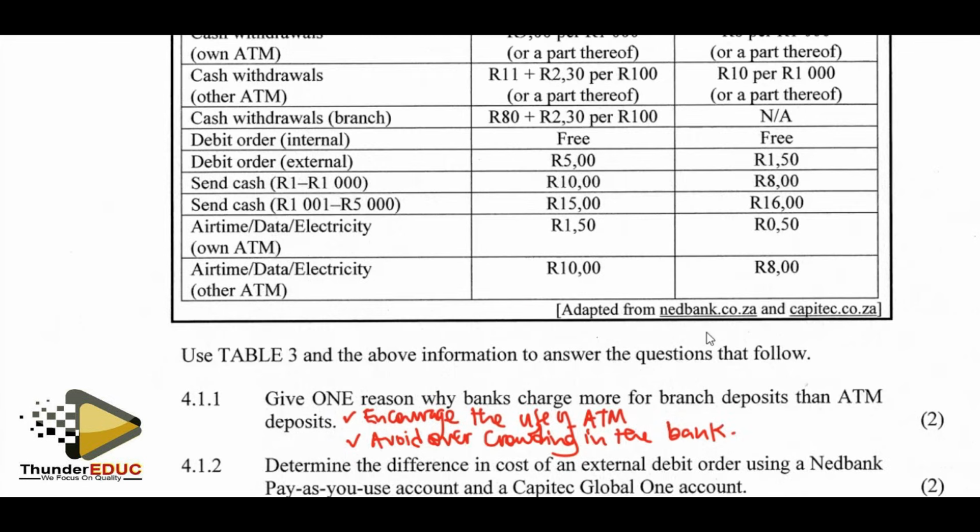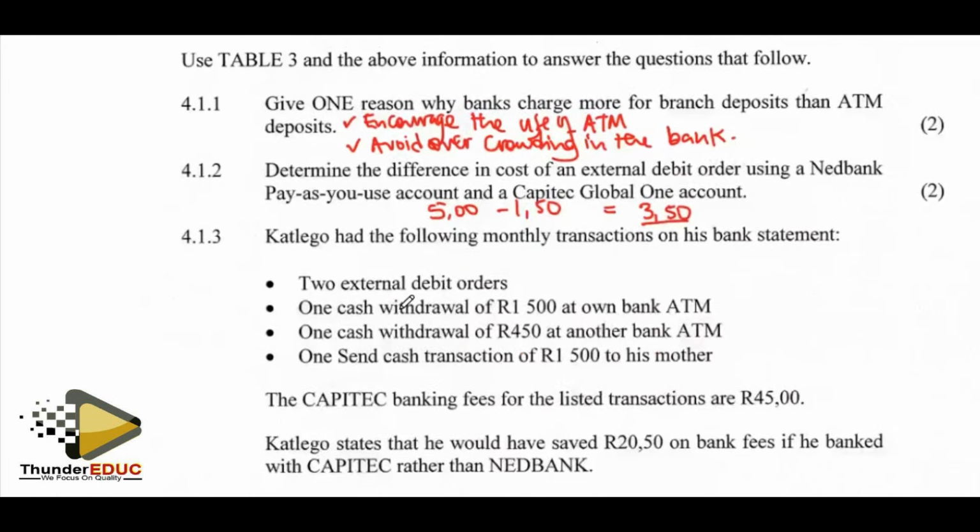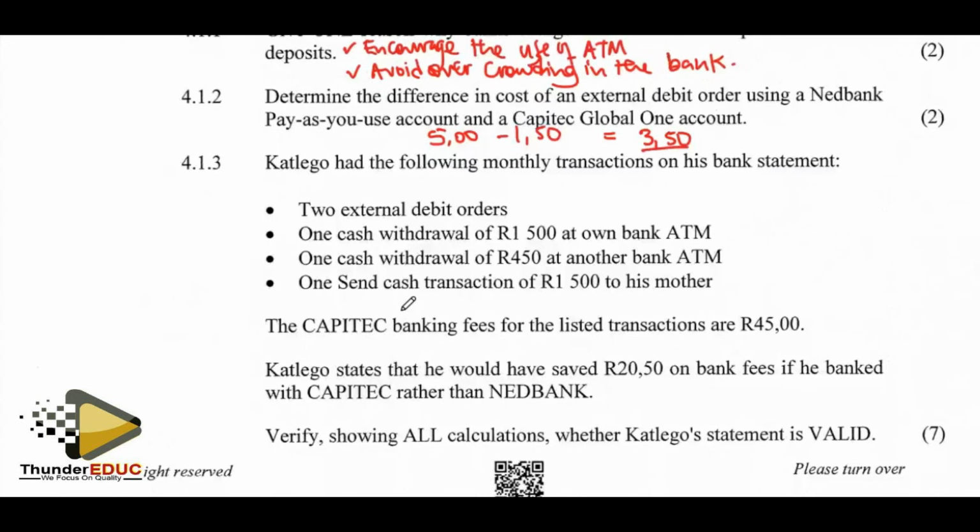So the difference here, we shall say 5 rand minus 1 rand 50 cent, which gives you 3 rand 50. That's the difference. All right, let's concentrate on this.